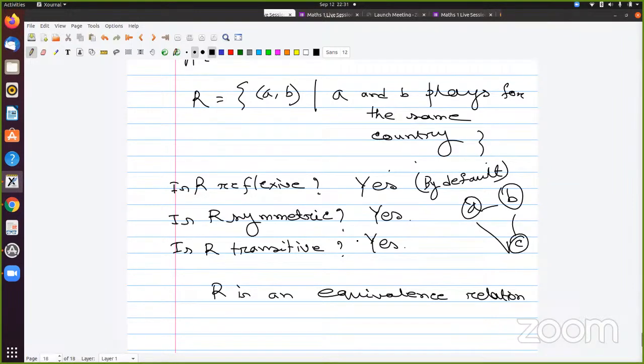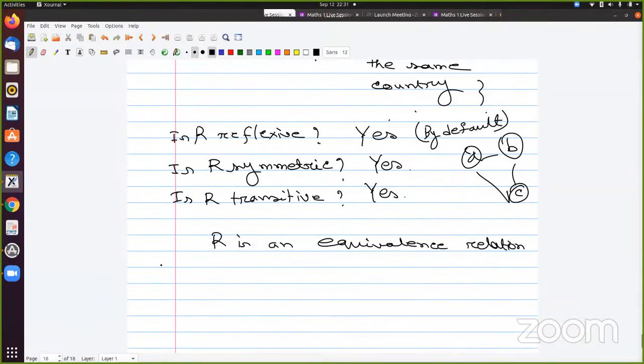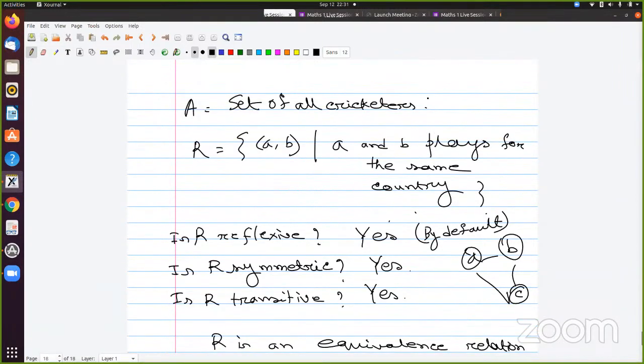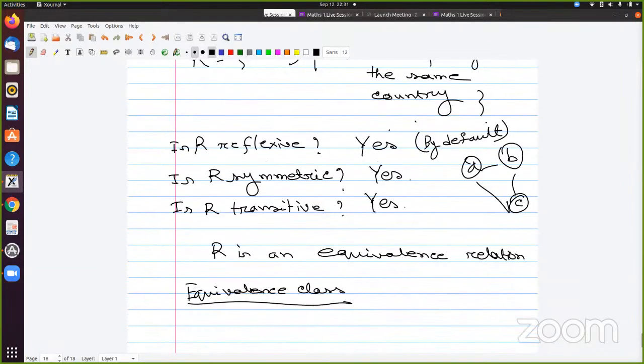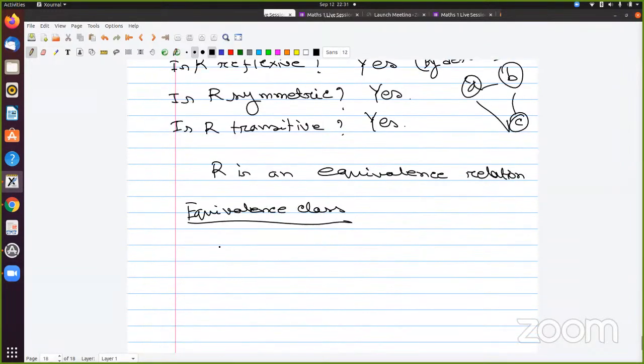Now, what is an equivalence class? Take any element from the original set. This is the set of all cricketers. Give me any name. Say Rohit Sharma. I want to consider the class of Rohit Sharma. What does it mean?